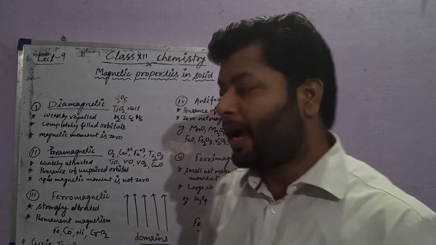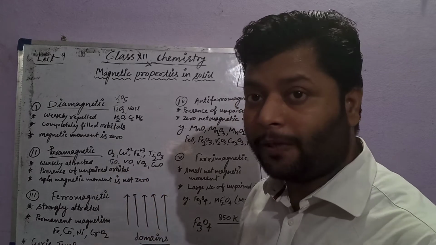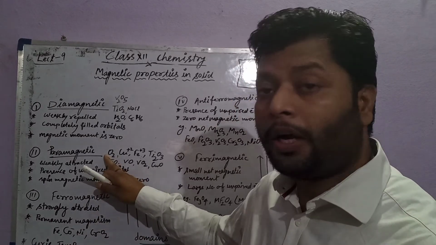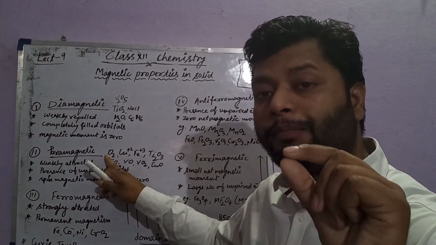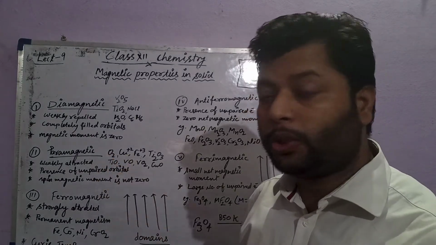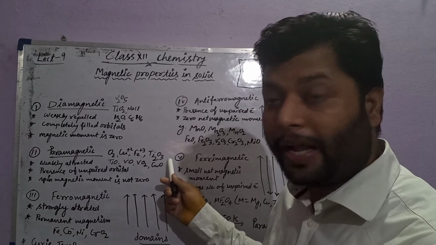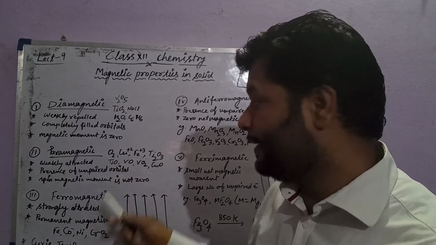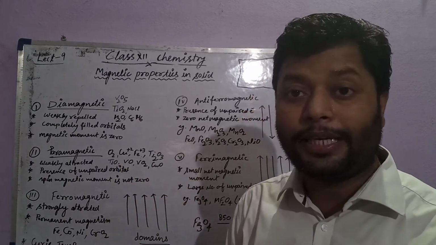Oxygen molecule, with the unpaired electron in the anti-bonding pi orbital. Cu2+, Fe3+, titanium oxide, vanadium dioxide, copper oxide.